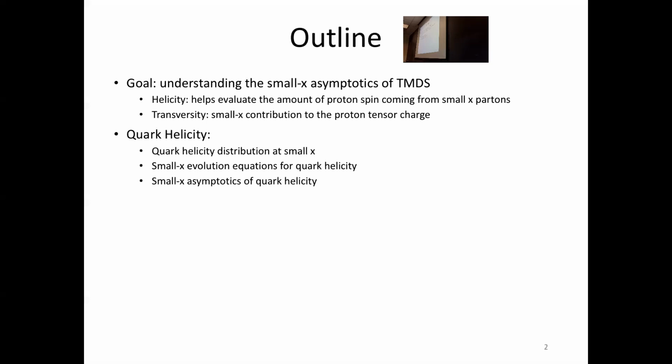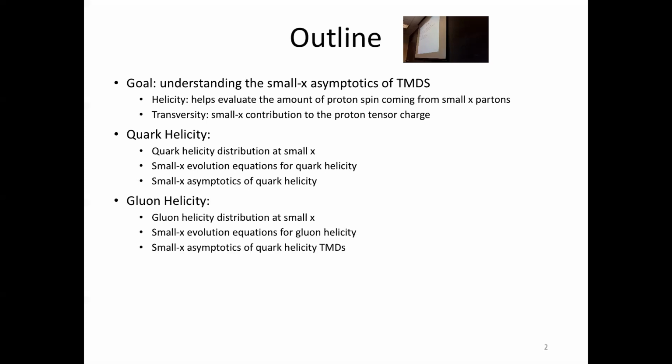I'll talk about quark helicity, how we can take a quark helicity TMD and massage it at small x to write it in a more convenient way to evolve towards small x. Then we write down small x evolution equations for the TMD, and by solving them, we'll find the small x asymptotics of quark helicity. And the rest of the talk, if I don't run out of time by that point, will be sort of repetitive.